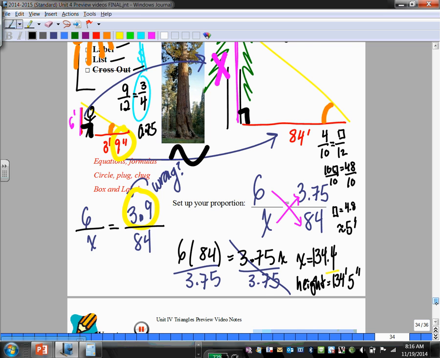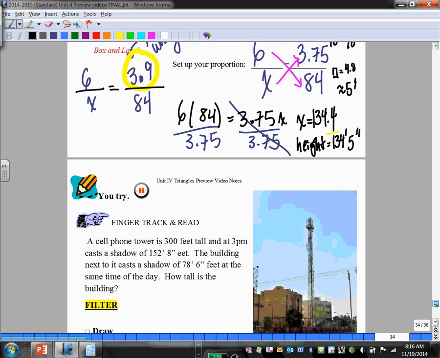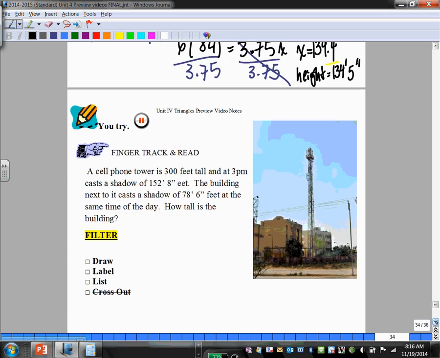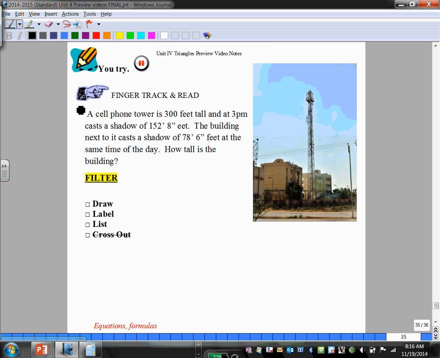Let's try another one here. I'd like you to finger track and read with me. Put your fingers right there. As it says, a cell phone tower is 300 feet tall at 3 p.m. and casts a shadow of 152 feet 8 inches. The building next to it casts a shadow of 78 feet 6 inches at the same time of day.